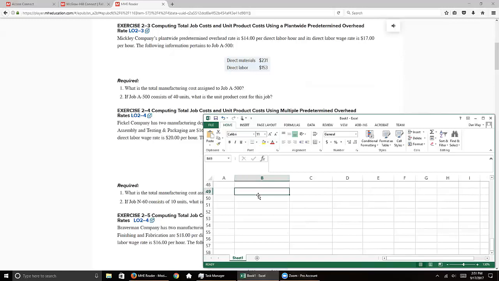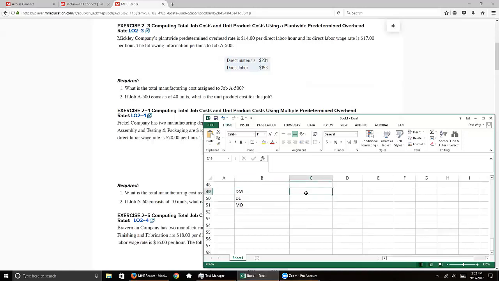So total manufacturing cost hopefully starts to trigger in our mind, what gets included as a manufacturing cost? We know it's direct materials, direct labor, and then manufacturing overhead. Anytime we see total manufacturing cost, or total product cost, or inventoriable cost, it's always these 3 items: direct materials, direct labor, manufacturing overhead.